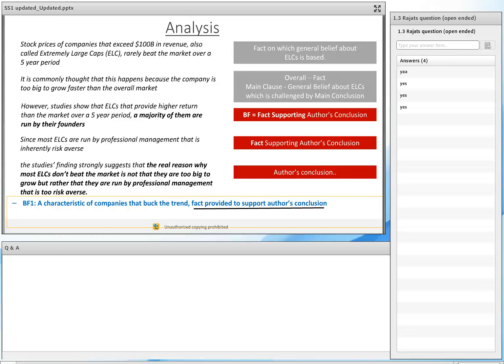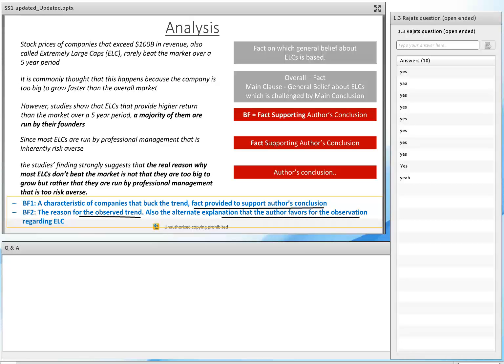It's also a data point that makes the author's conclusion more believable. Boldface 2 is why we see the observed trend. Why is it that ELCs don't grow? It's also the belief that the author has with regards to the observation that is made over here. It is also the main conclusion of the argument.